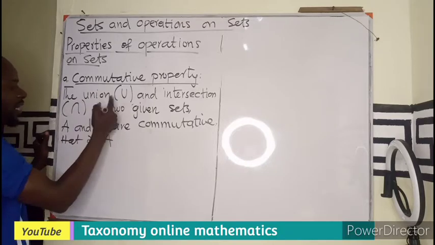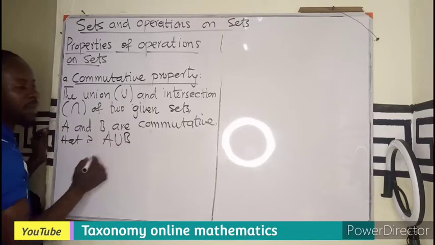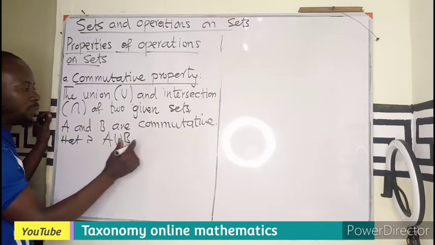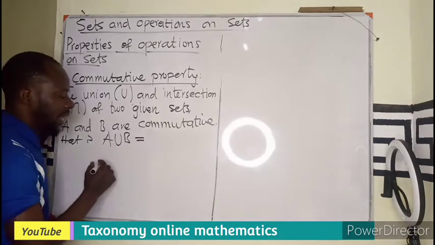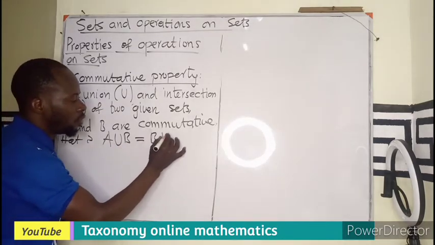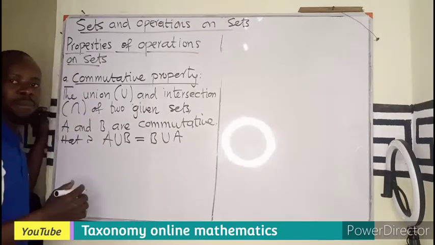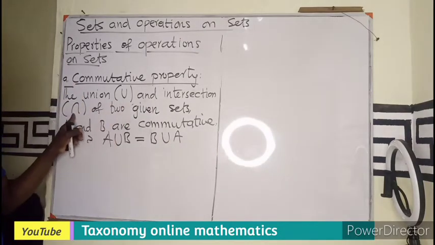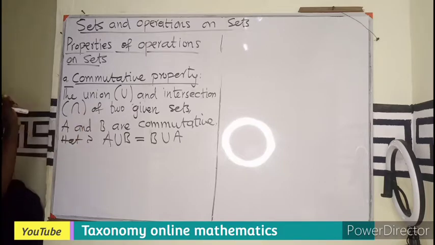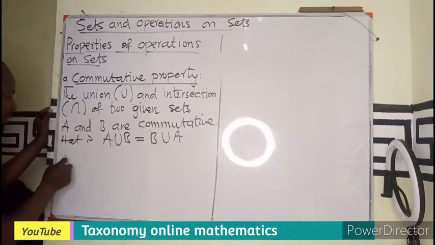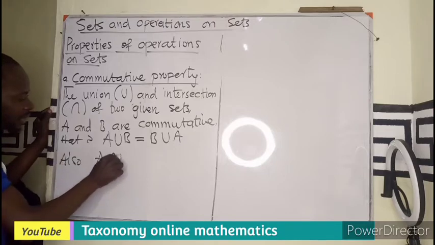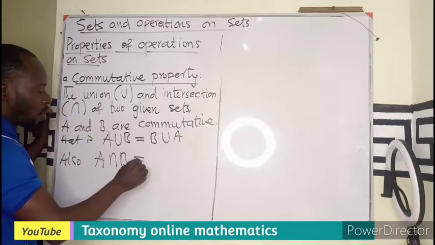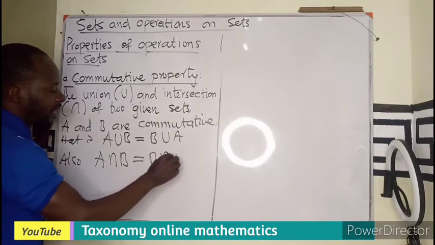If I start with A union B, A union B should be the same as B union what? A. And if I move away from union and move into intersection, A intersection B should be equal to B intersection what?